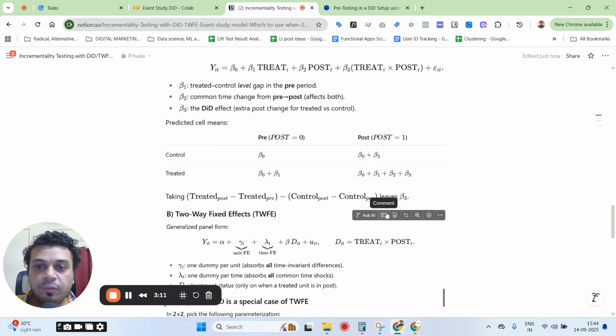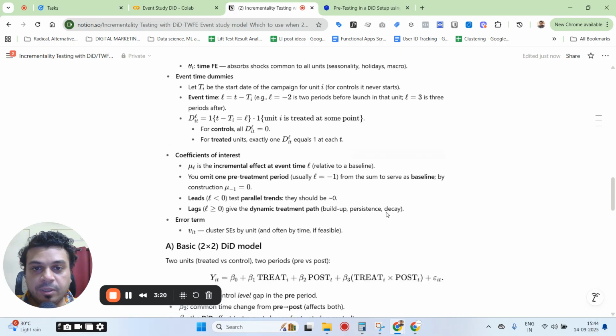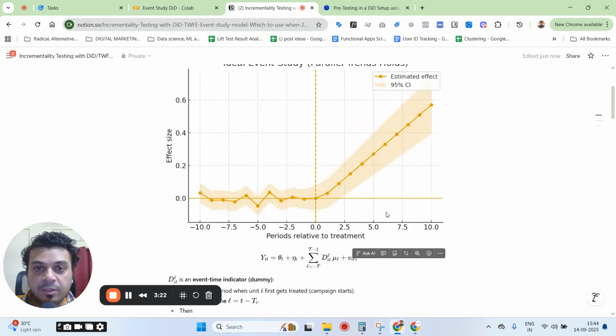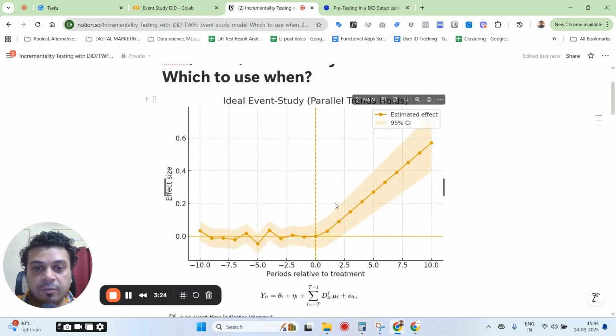It's the difference between the treated and the control, or the test and the control, for the post and pre periods. Post and pre simply means, if you look at this diagram, for instance, this zero point, that is your intervention point, right? So that dotted line gives you your intervention, and pre and post simply means the period prior to that intervention, and the post means the period after the intervention.